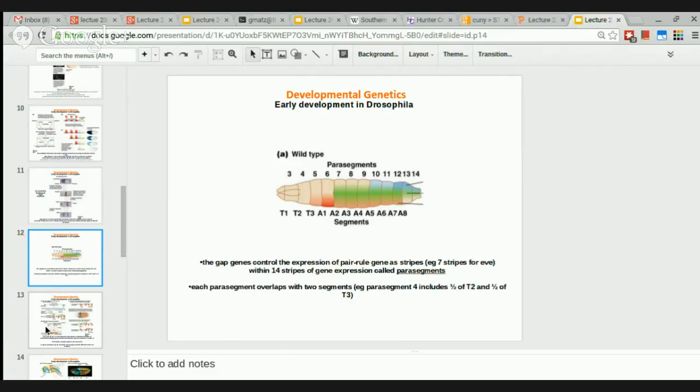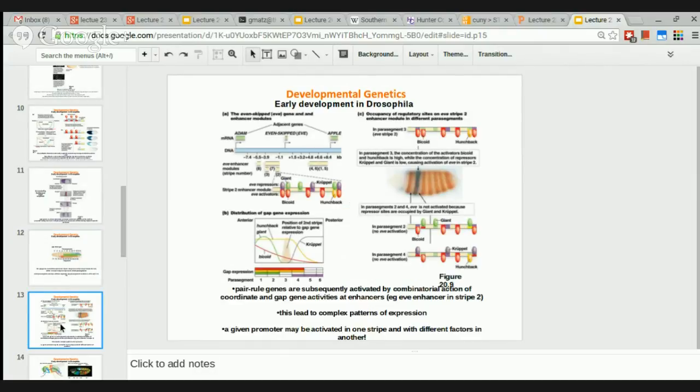So let's talk about pair rule genes. Back to maternal coordinate genes and gap genes, we have a very complex pattern of expression of tens of genes at this point.